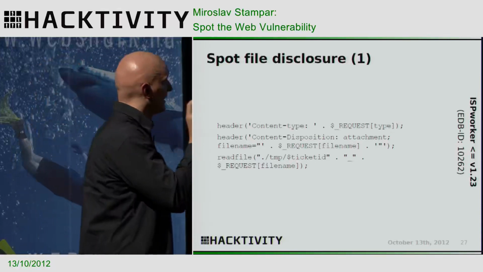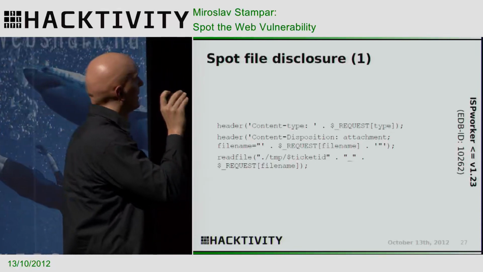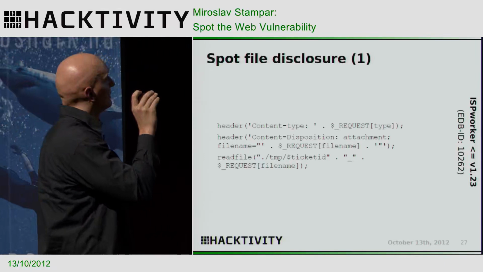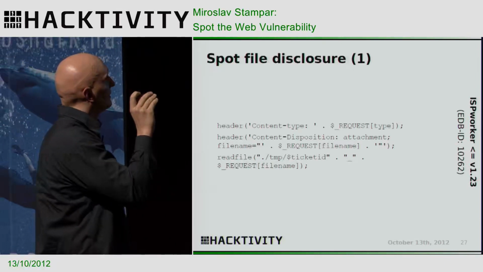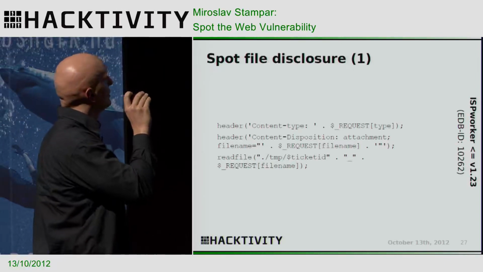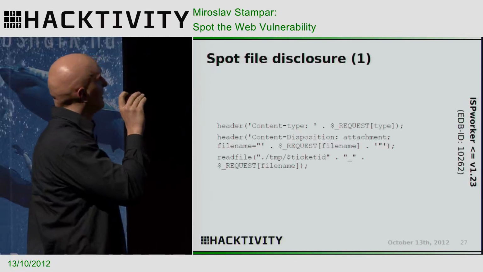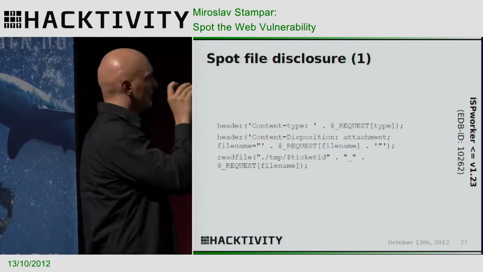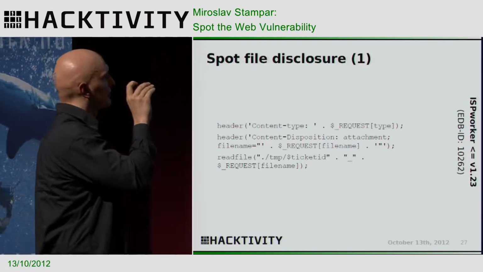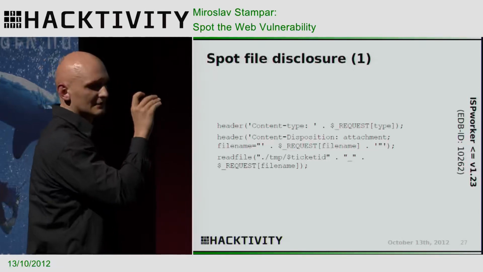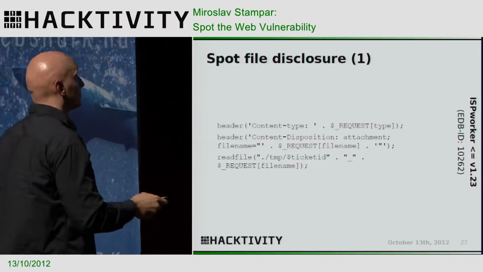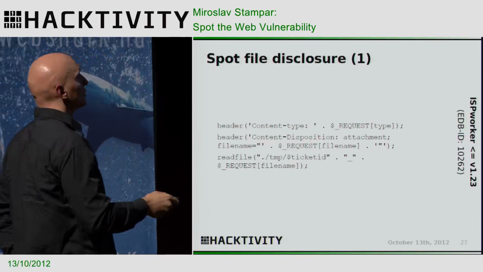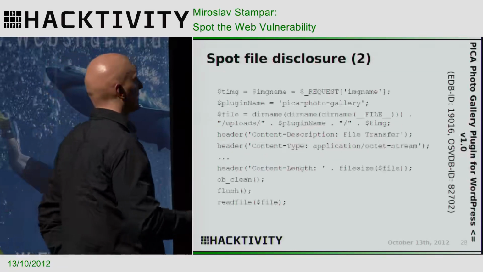So in this example, you can put into the request file name dot dot slash dot dot slash dot dot slash etc slash passwd for password files, or .htaccess or stuff like that.